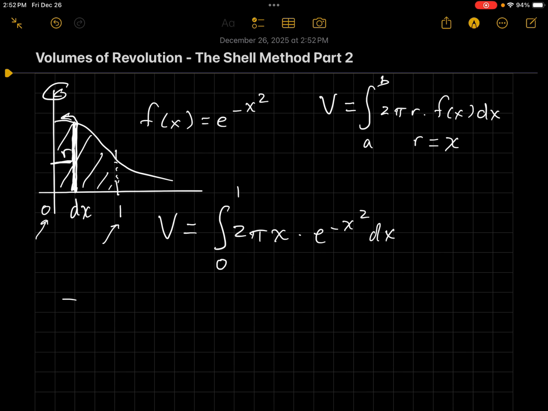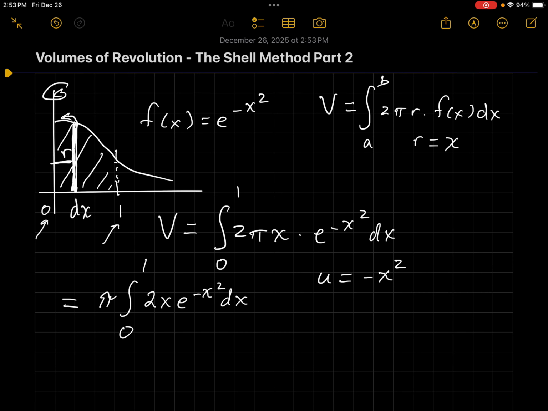Let's do the antiderivative here. I'm going to pull the pi outside. You'll see why the pi only in a minute. From 0 to 1 of 2x e to the negative x squared dx. The proper technique for integration is integration by substitution, which I usually call u-sub, where I will let u equal negative x squared.